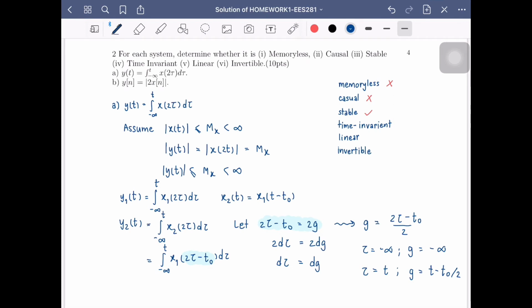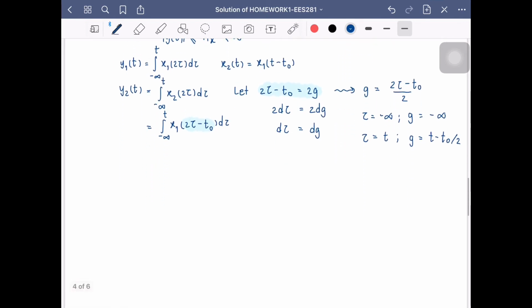Then this one is equal to the integral from minus infinity to (t minus t0) over 2 of x2(2g) dg.